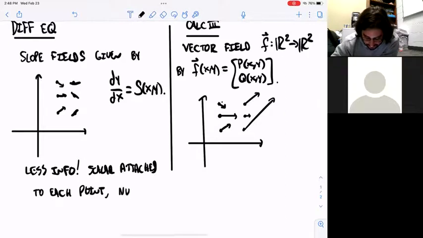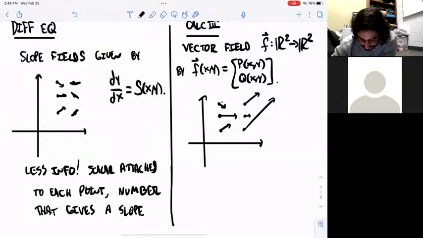It's a number that gives a slope. So there's less info stored in a slope field, as opposed to in a vector field.